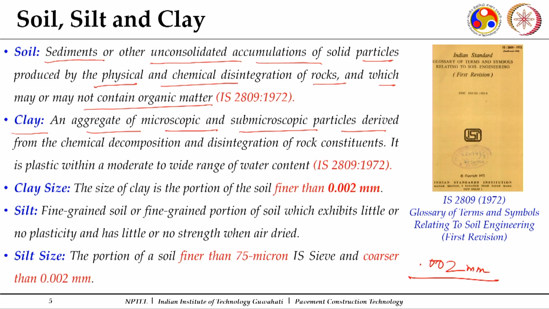In this particular case, if the particles are even finer than this, they normally fall under the category of clay. It's an aggregate of microscopic and submicroscopic particles derived from the chemical decomposition and disintegration of rock constituents. These particles normally exhibit a plastic nature. We will discuss what a plastic nature is and how that particular one is determined.